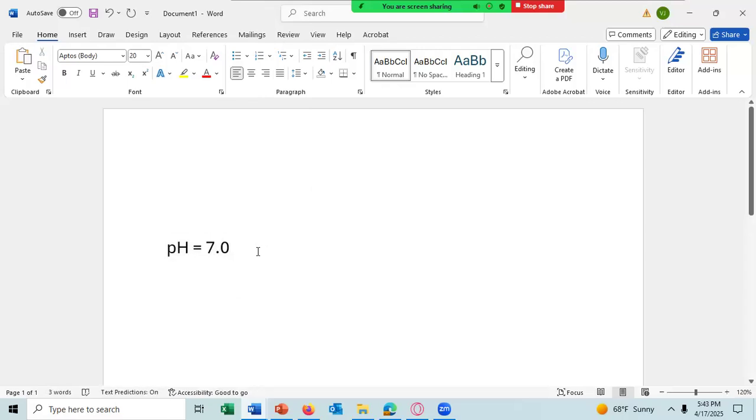There we go. So pH 7 means that for one H plus ion, let's come on over here and go for 1 times 10 to the 7th water molecules, which is H2O.